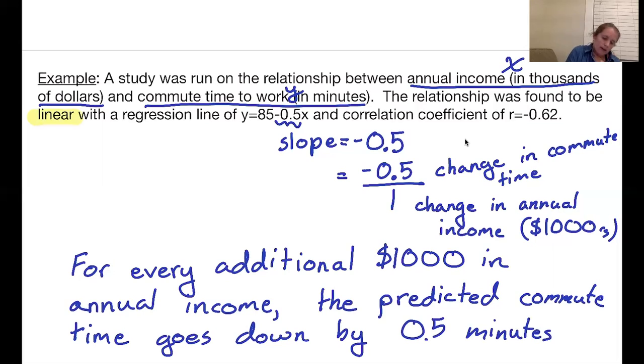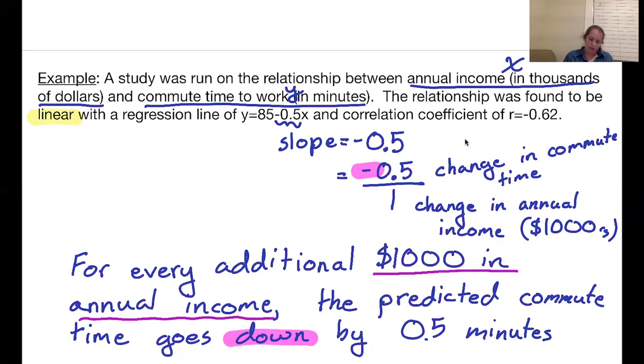So we know it's down instead of up because we have a negative 0.5. So it's the same filling in as the previous one. So the $1,000 in annual income are X units. The predicted commute time is our Y variable. And then 0.5 minutes is our rise and then going down.